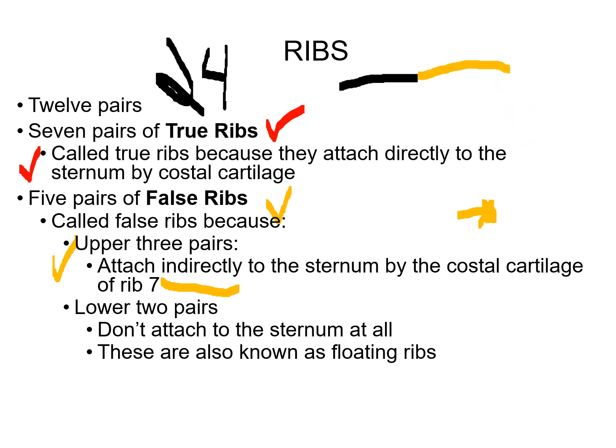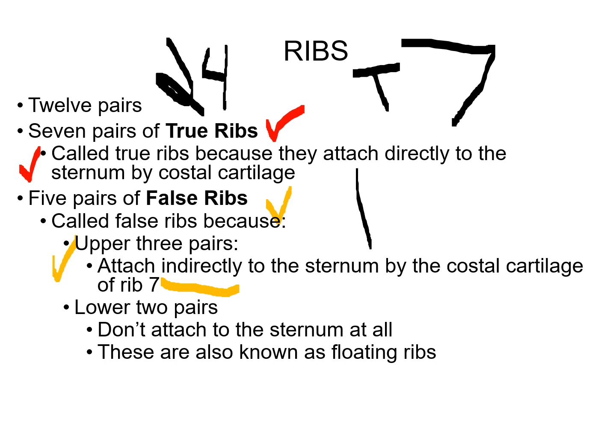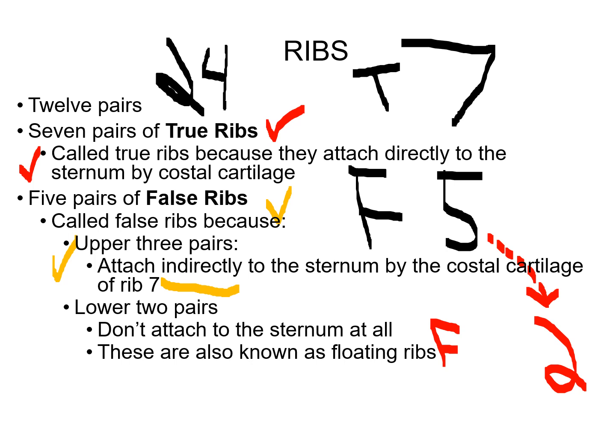So summarizing all this, we have 7 true ribs, put T for true, and we have 5 false ribs. But out of those 5, the bottom 2 are what we call floating ribs. So a floating rib is a false rib, but a false rib is not necessarily a floating rib.